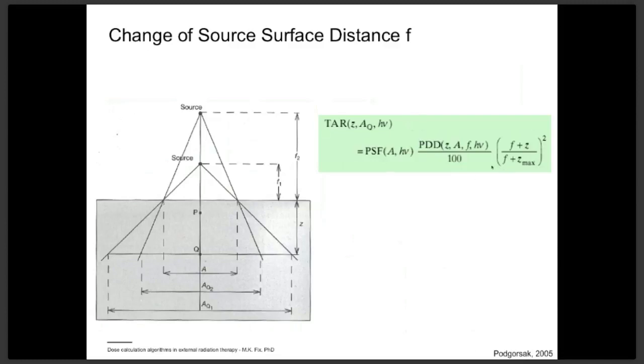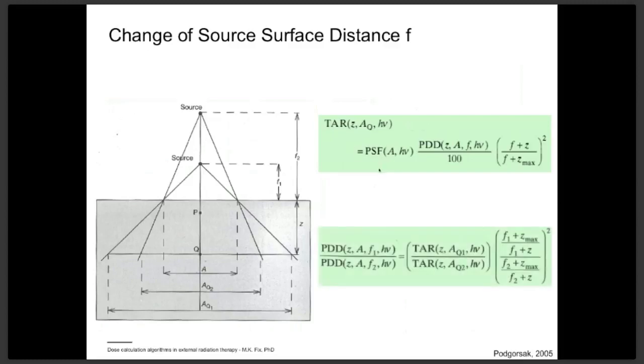This is just the formula from the last slide. Now, if you do this, you have the same peak scatter factor for both situations. So the ratio of these PDDs for different source to surface distances will not depend on the peak scatter factor anymore. It's just the ratio of the tissue air ratio for these different field sizes.